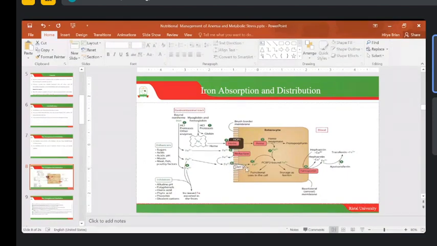It is then transported using DMT, the divalent metal transporter, which transfers this iron into the body, and then it will be stored as ferritin, then ferroportin. When ferritin is in the cell, that will show that there is a lot of iron.